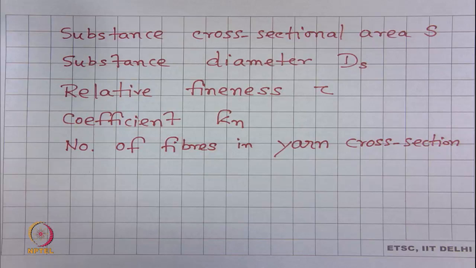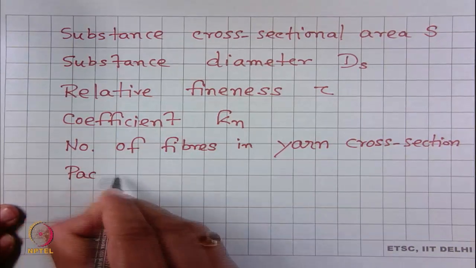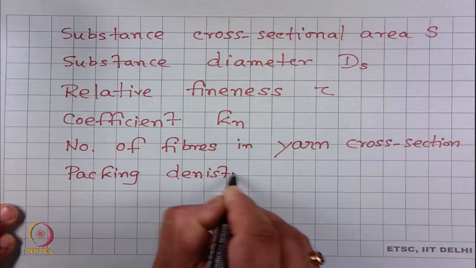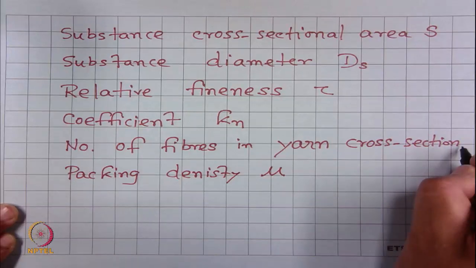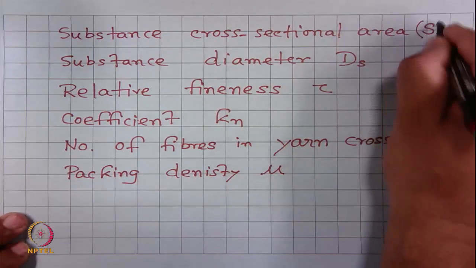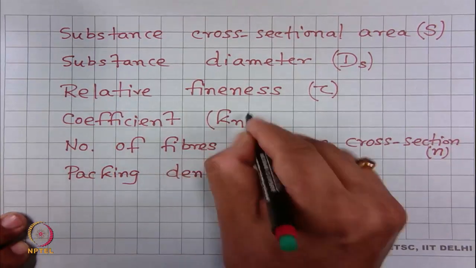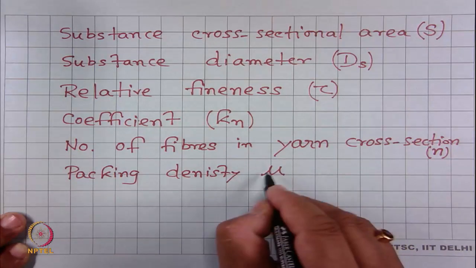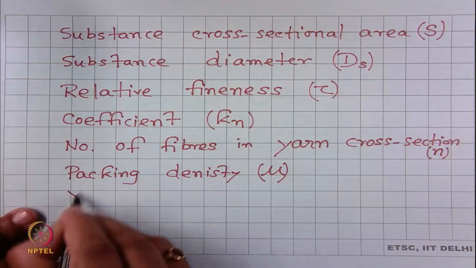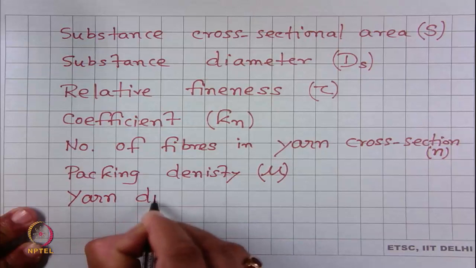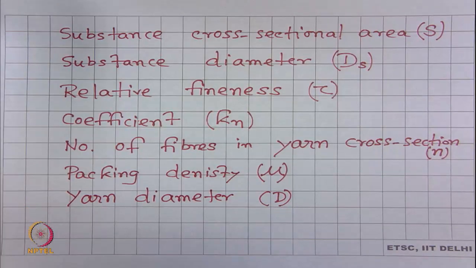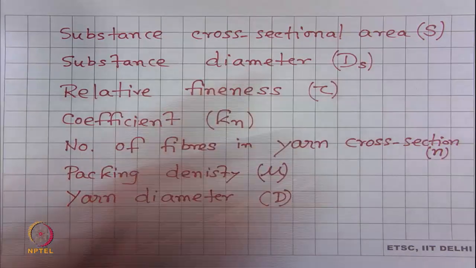Then today we discussed packing density mu, here we used N. Then today we talked about yarn diameter, and also partly we talked about substance diameter again.